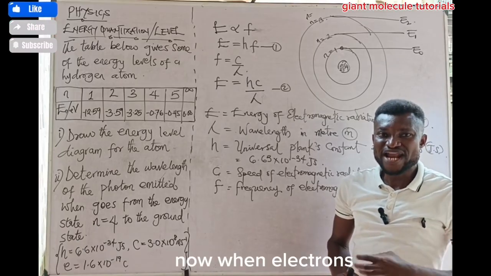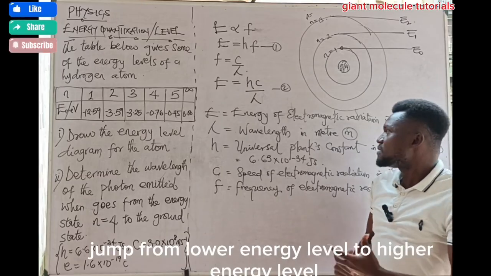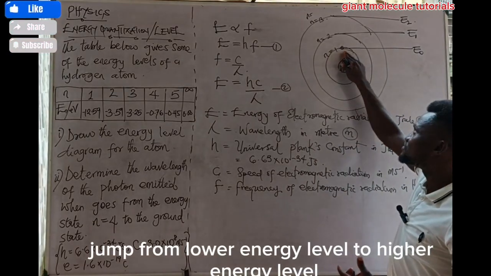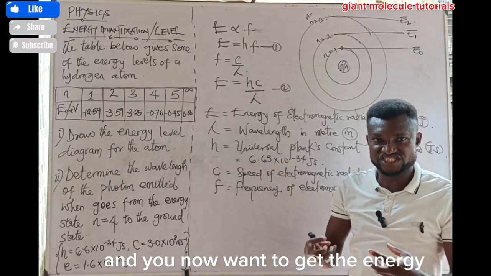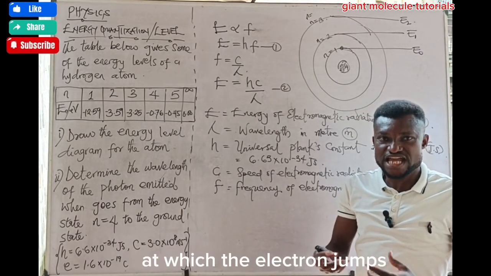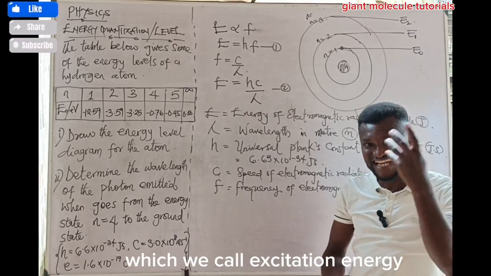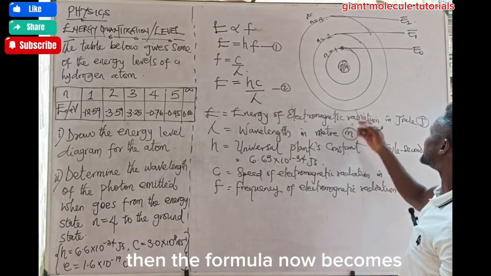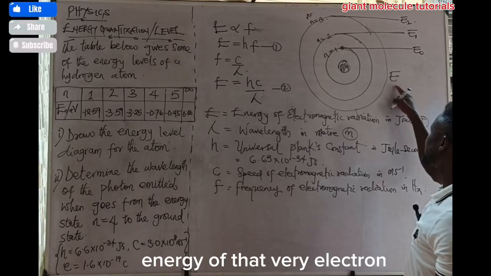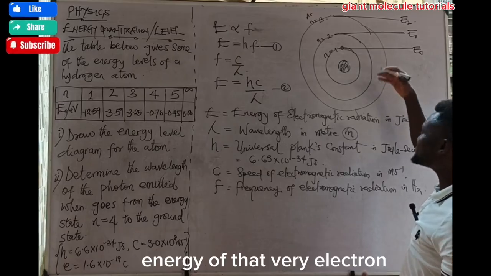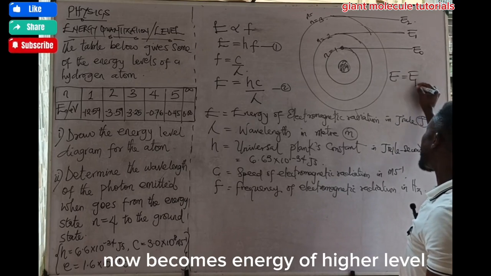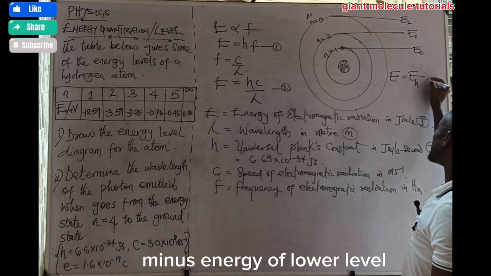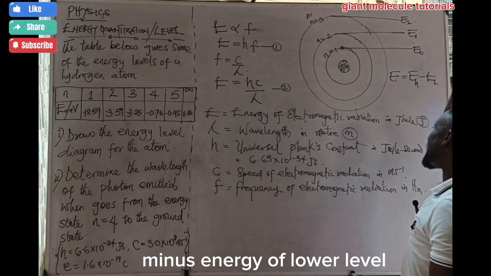Now, when electrons jump from a lower energy level to a higher energy level, and you want to get the energy at which the electron jumps, which we call excitation energy, then the formula becomes the energy of the higher level minus the energy of the lower level.